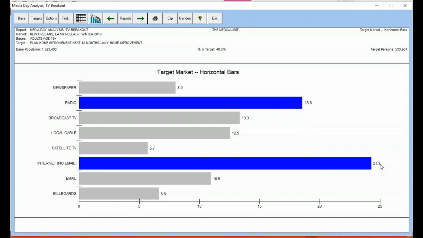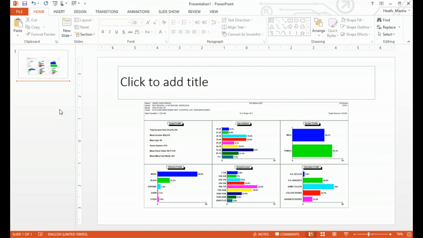It might be a really good way to communicate out to this target. And again, clipping it straight into the PowerPoint.